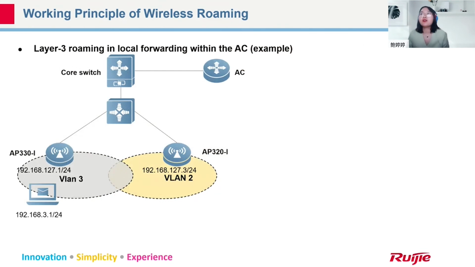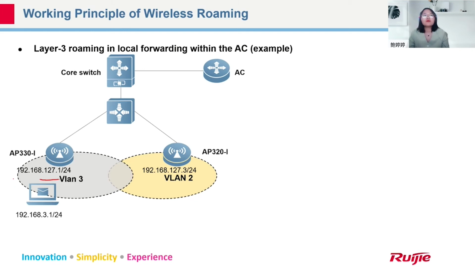And here we will see a detailed example of how it works. We have layer 3 roaming in local forwarding within the AC. We have a switch, we have an AC, and we have two APs, one AP330 and another AP320. And we have one station, whose IP address is 192.168.3.1.